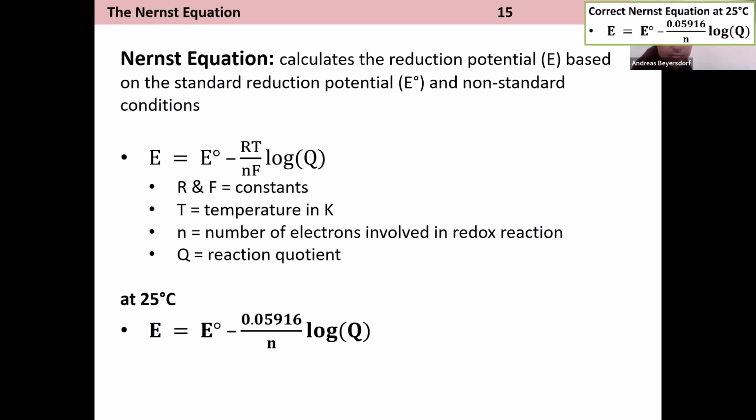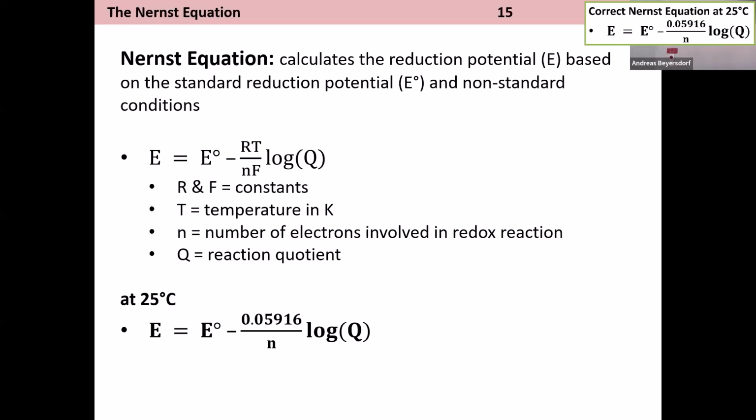R is the ideal gas law constant. T is temperature in Kelvin. N is the number of electrons involved in the redox reaction. So negative RT over NF times log of Q.